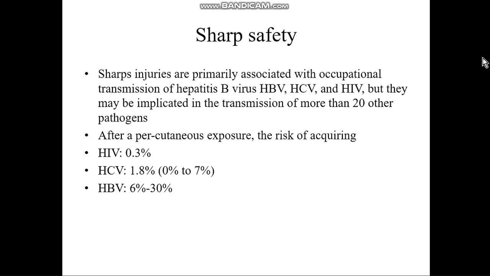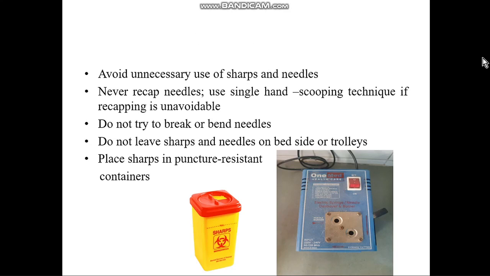After a percutaneous exposure, the risk of acquiring HIV is 0.3%, hepatitis C virus is 1.8%, which in many studies has been shown to be 0% to 7%, and hepatitis B virus is the highest, transmitted approximately 6% to 30% after a percutaneous exposure or after a sharps injury, right?